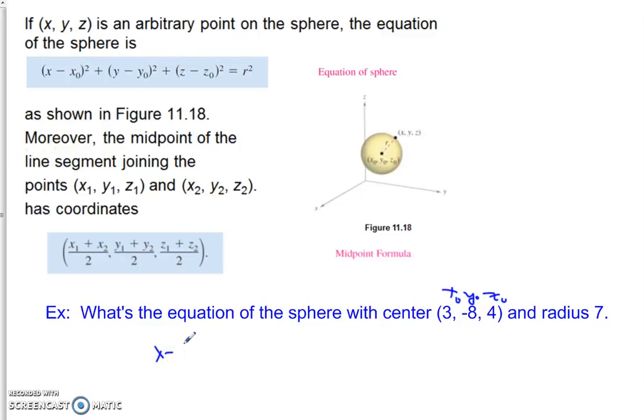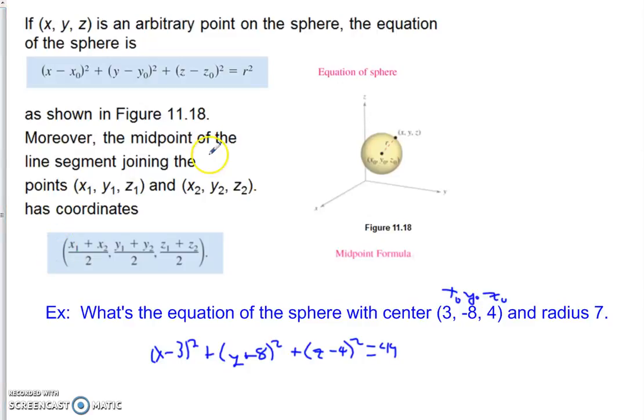X minus 3, quantity squared, plus y plus 8, quantity squared, plus z minus 4, quantity squared, equals, and again this is r squared, r is 7, so it's 49. There you go, not too tough.